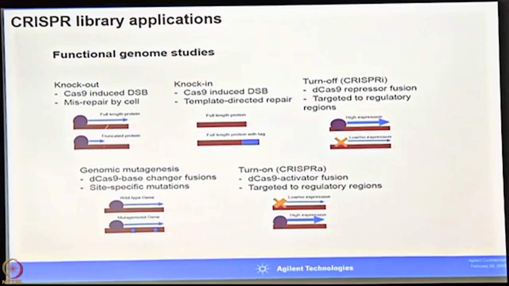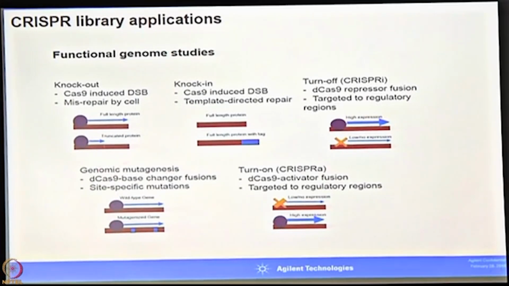If it is knockout, the guide RNA breaks the gene, and it makes a truncated protein, right? So your protein is not going to work. Knock-in means adding some tag on the protein. Turn off means if it is a higher expression, you use the repressor fusion, which gives lower expression of the gene.